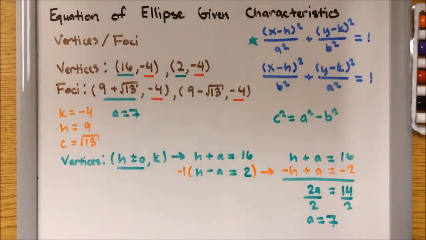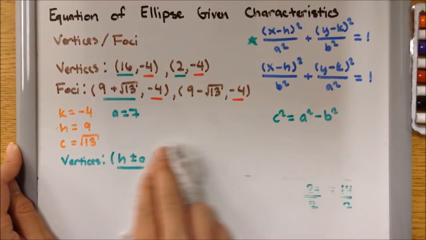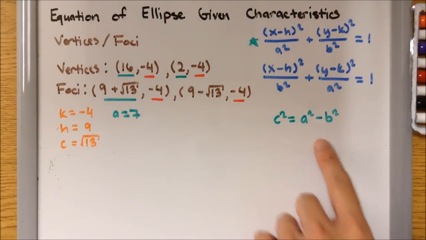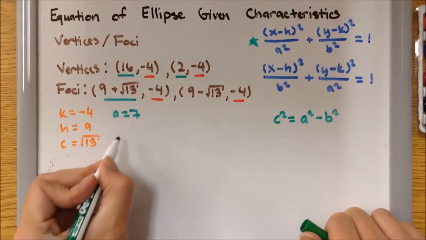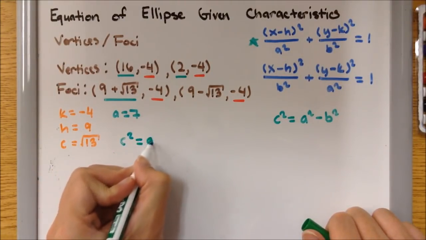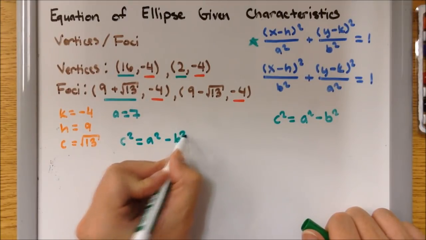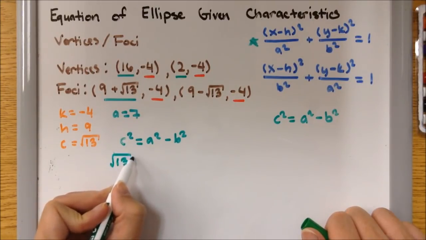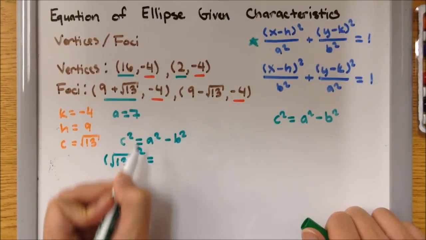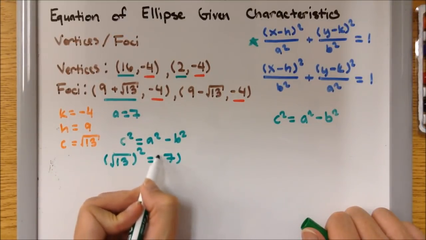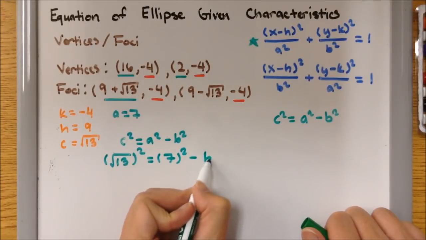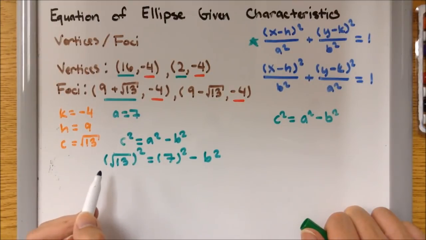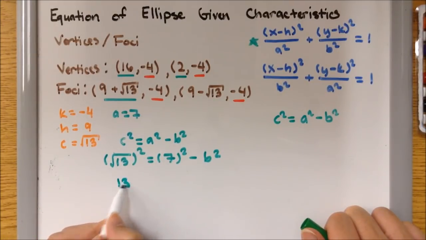Next, I'm going to erase to make more room. Alright, now we're going to use this formula. I'm going to plug in the value of c, which is √13, squared, equals the value of a, which is 7, squared, minus b squared. All we're going to do is square both parts. The square of √13 is simply 13.